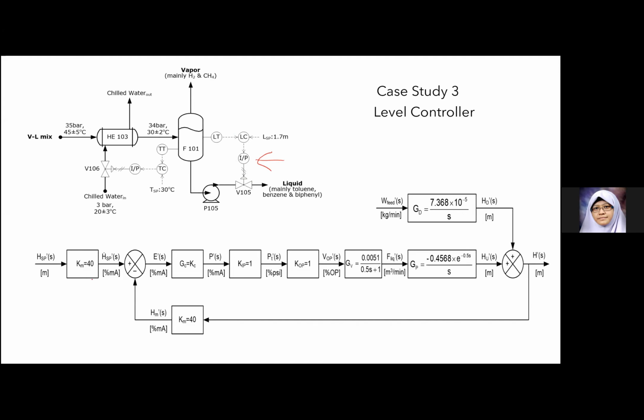So this is a block diagram. And like I said, make sure when you do anything, you label and put in whatever you have found from the estimation. Okay, so this is a pure integrator. That's why the equation is like that.